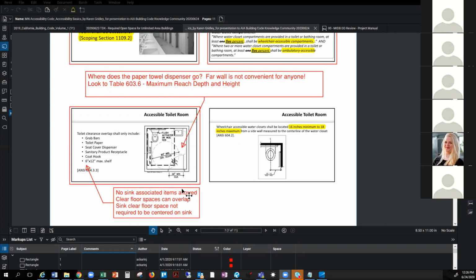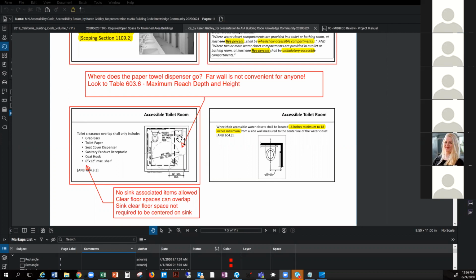And that wasn't necessarily the intent of what was going on here, because there are clearances that you can consider. That sink doesn't have to be right to the edge, where it's 15 inches from the center line of the sink to the wall. If it's beyond that, then the 4-inch rule may or may not be applicable. But the point is that you just need to maintain the 30 by 48.